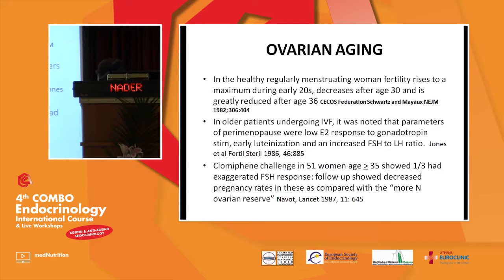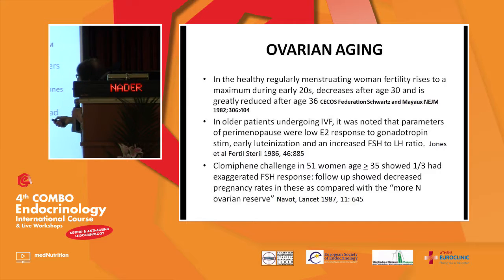This was a demographic study published in the New England Journal of Medicine in 1982. By the early 80s, Dr. Howard and Georgeanna Jones set up the first in vitro fertilization program in the United States. And it's still a very famous program, even though both have actually died since then.